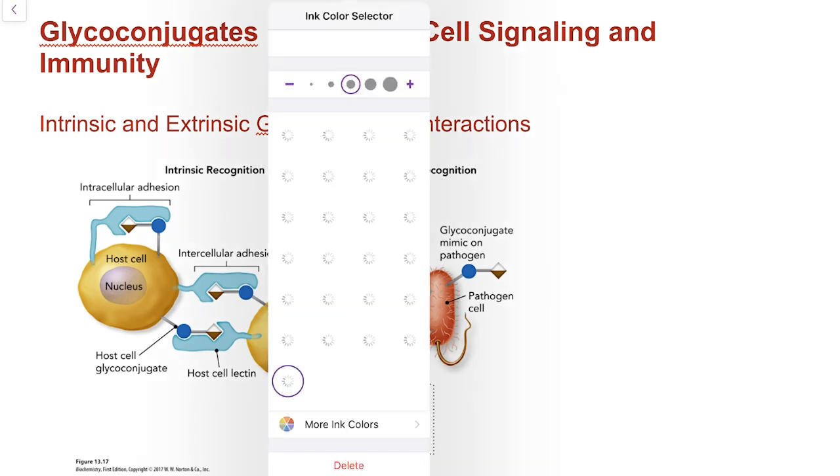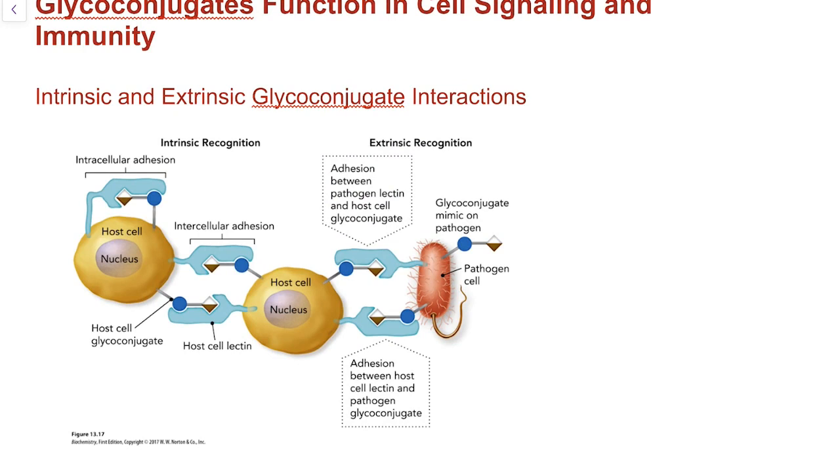So this is within the one organism, where you have a host cell that has this glycoconjugate, maybe a carbohydrate coming off of it that's going to link to a receptor molecule, and we would say intracellular adhesion, or it's within the same cell. Can also have intercellular adhesion when there's two host cells that are being linked, as was shown above, between a ligand and a receptor. These receptor molecules are called lectins that are recognizing and binding to the carbohydrate portion.